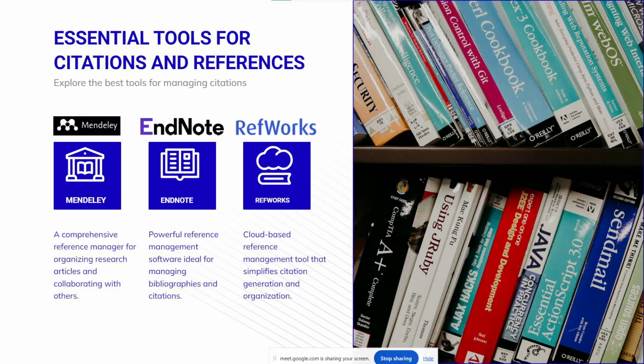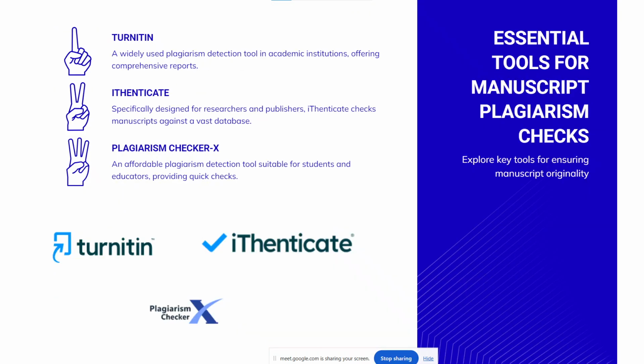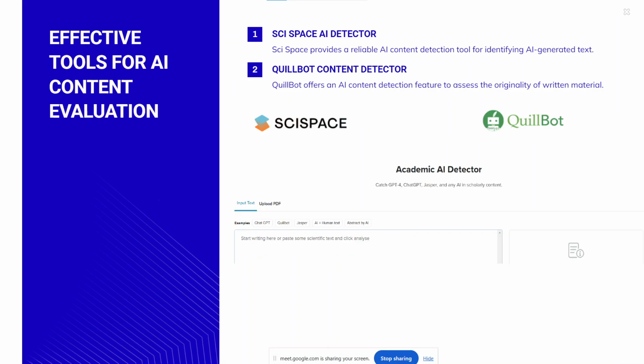For references, if you want to learn, just try out these tools, or else go for manual options. And plagiarism check I've already mentioned, and AI content is also very essential. In the same way you check your plagiarism while writing, check how much percentage of AI content is there in your report.